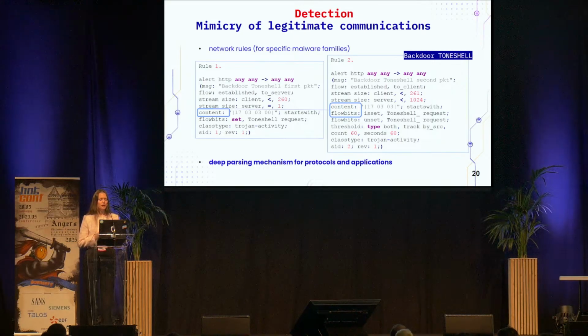In the first rule, we check the stream size and we check content, which is always the same, because these are magic bytes, which do not change. In the second rule, we also check content and set flowbits to connect. We also use a threshold to make these rules check counts in seconds for 1 minute, because we can detect the TLS protocol, but we don't want to detect TLS, so we need to write good rules to detect only malware without false positives. Another good technique is a deep parsing mechanism for protocols and applications.